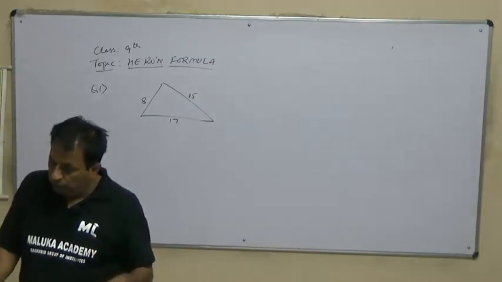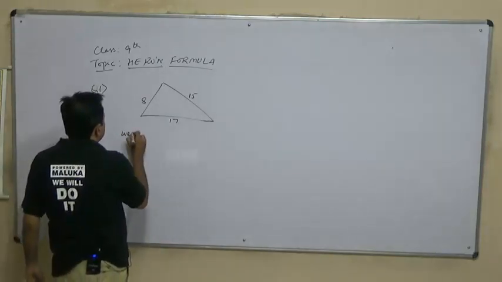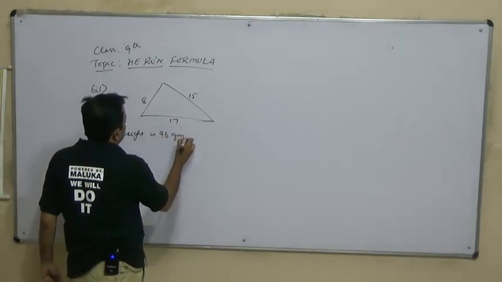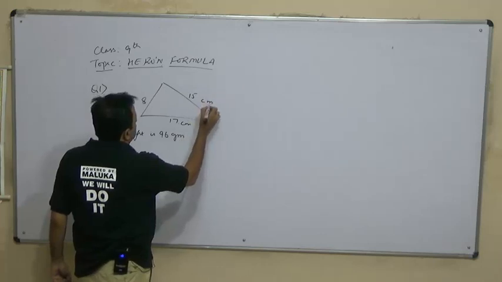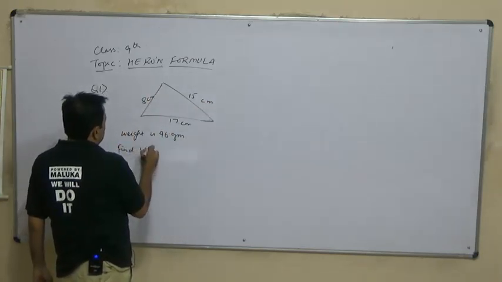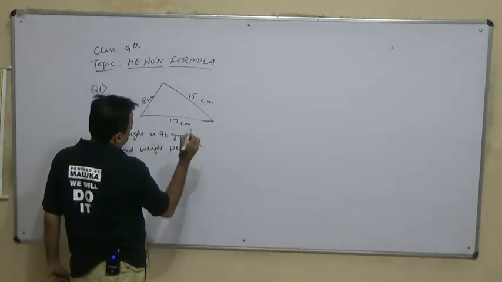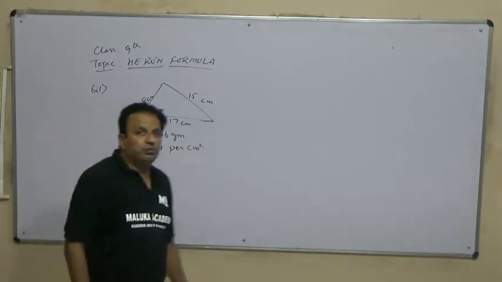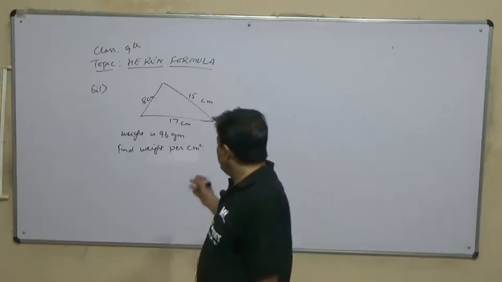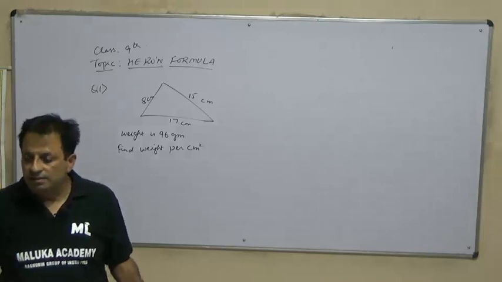What we have to do, if its weight is 96 gram, find weight per centimeter square. So we have to find its area, and we are given with weight, and we have to find weight per centimeter square.